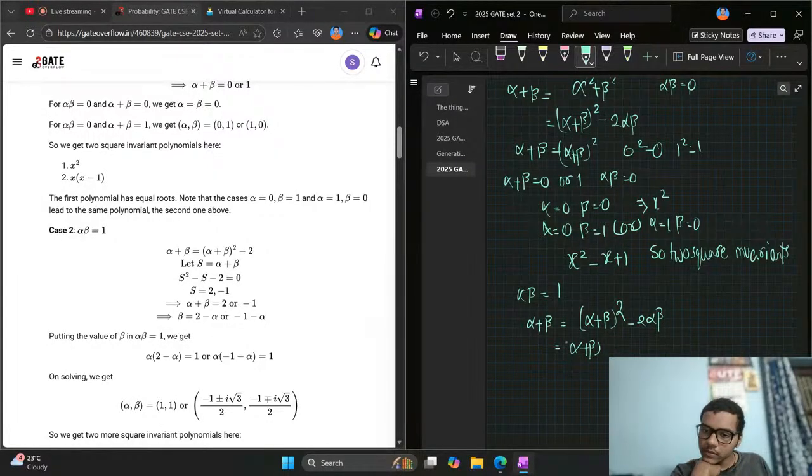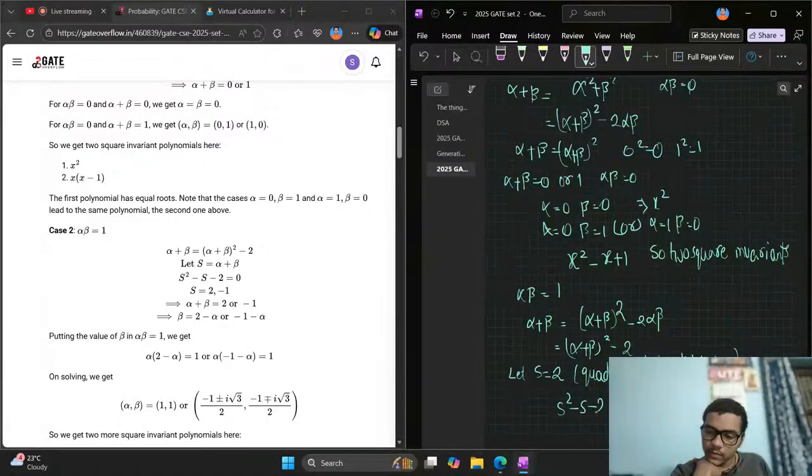Alpha plus beta whole square minus 2. You're supposed to simplify that one. Yeah. That s is equal to 2, quadratic but substitution. If you do a lot of quadratic problems, you are going to understand it.